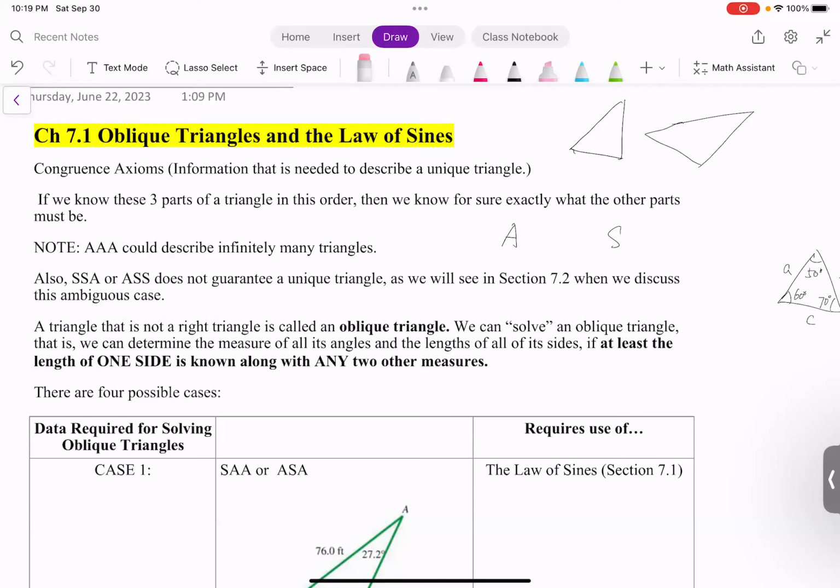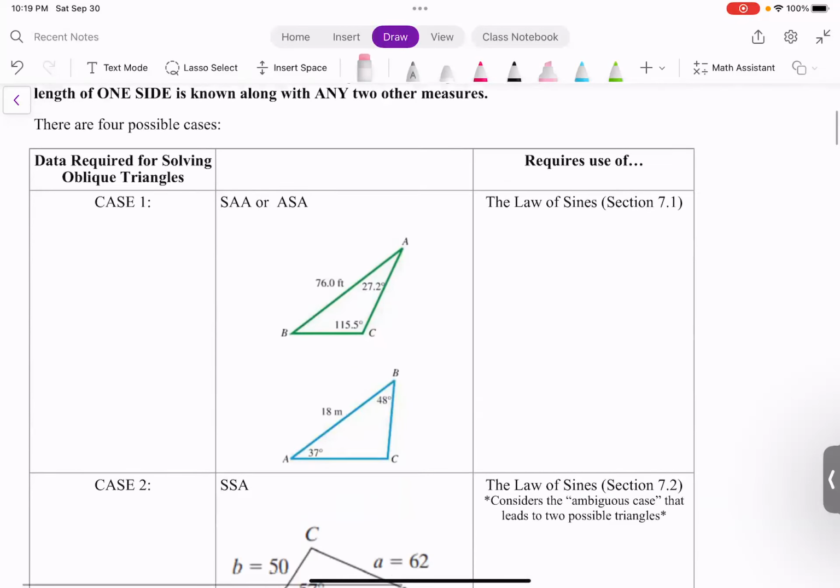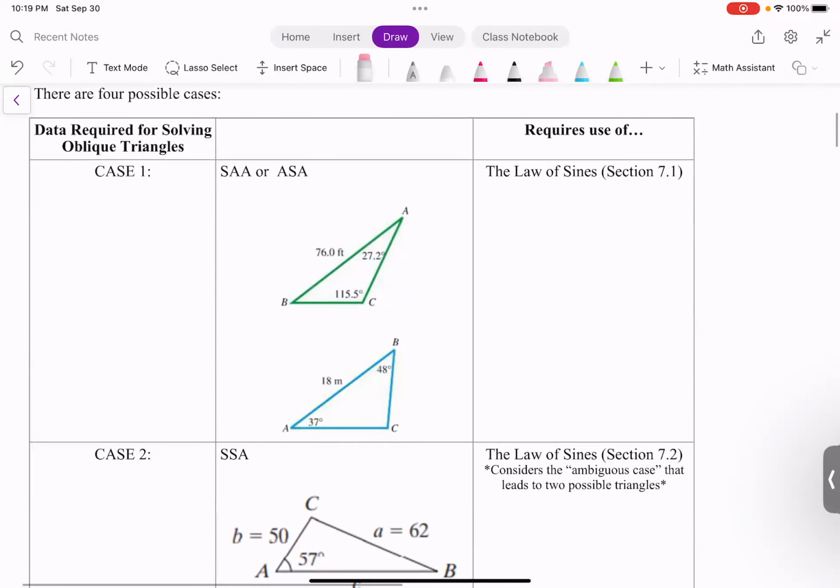The first case we're learning in 7.1 in this video is SAA or ASA. Why do we put them into one case?